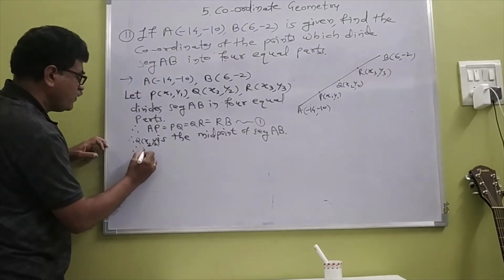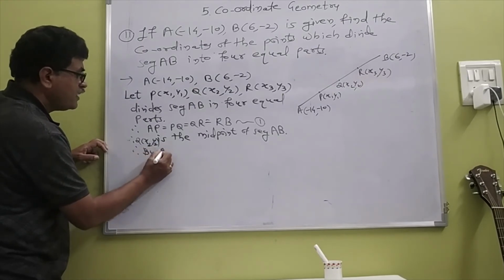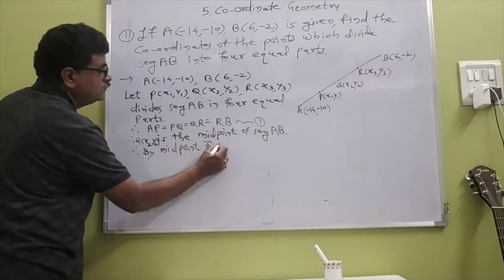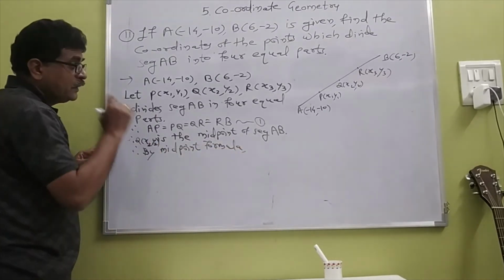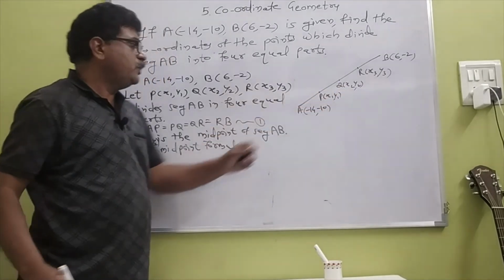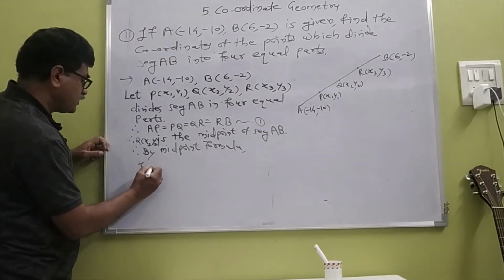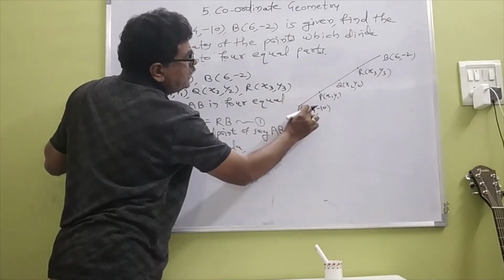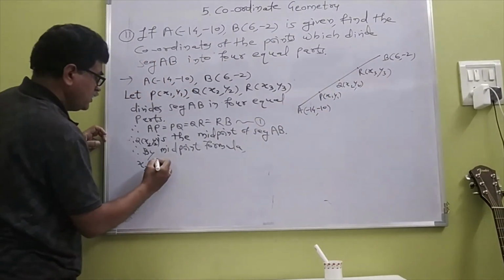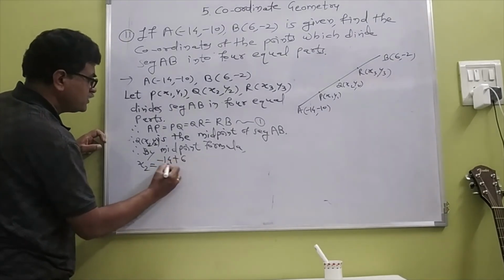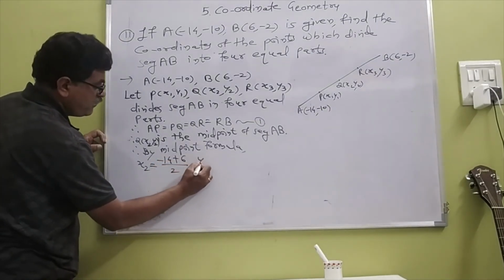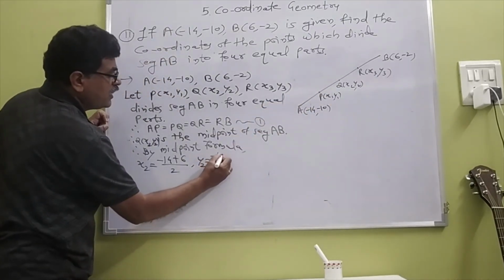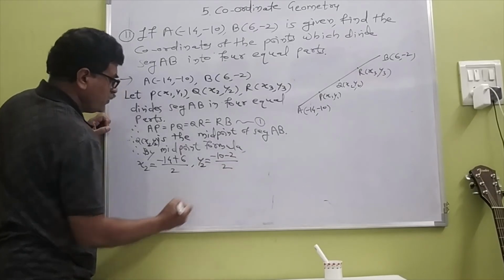Therefore, by the midpoint formula, x2 is equal to (minus 14 plus 6) divided by 2, and y2 is equal to (minus 10 minus 2) divided by 2.